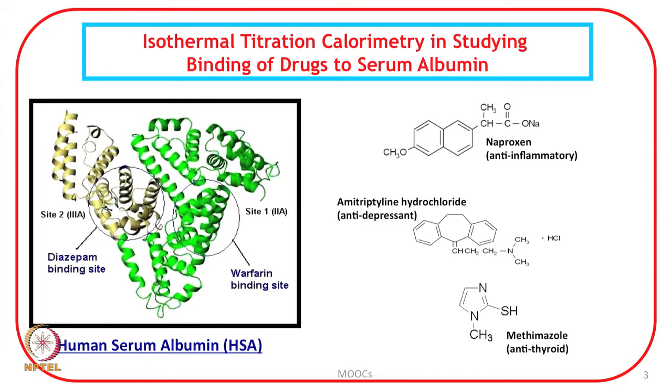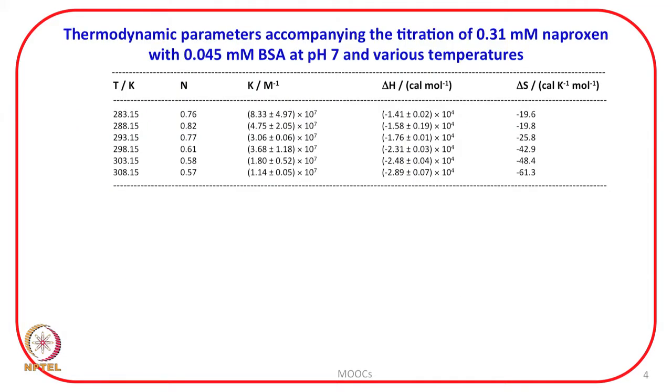Let us first discuss the interaction of naproxen with serum albumin. So, I will be discussing this example from the literature, in which the isothermal titration calorimetry yielded the data given in this table.